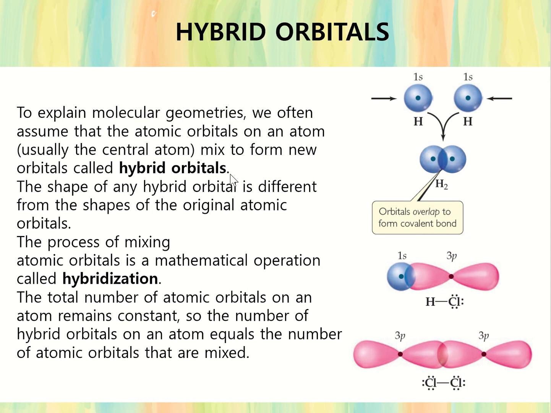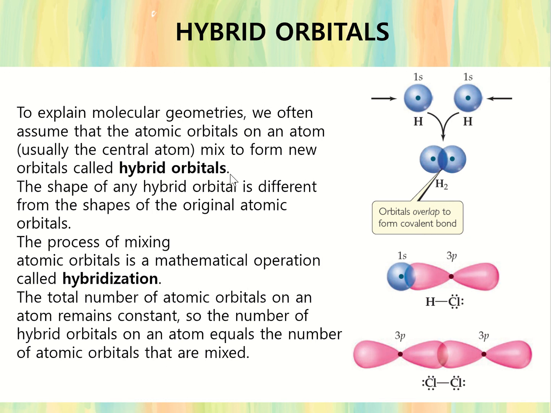This process of mixing atomic orbitals is a mathematical operation called hybridization. We're not going to go into the mathematical part of it. We're just going to accept that when certain amounts of the orbitals mix together, this is the output, the new hybrid orbital.